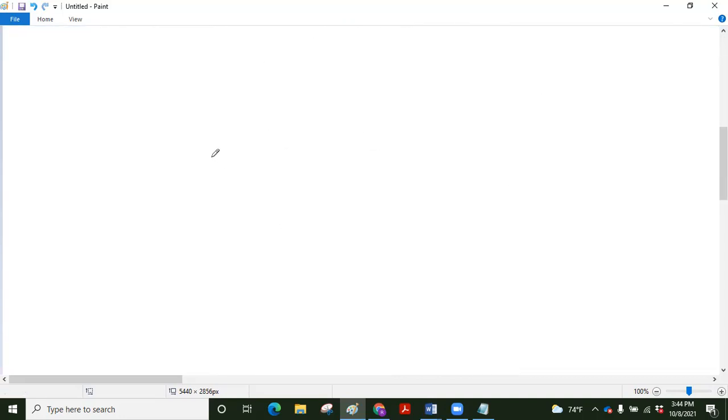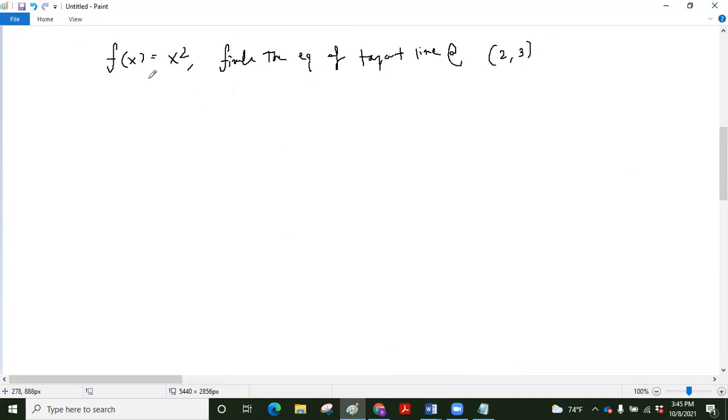So let's go down here and do this again, but we've twisted the question a bit. Now it's saying, f of x equals x squared. Find the equation of the tangent line at x, 2, 3. Okay, so there are a number of steps that we have to take.